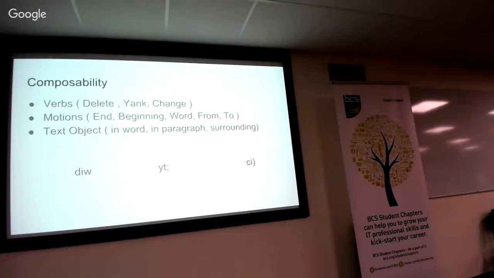Motions are things that allow us to jump around the document. So ends of words, beginning of words, that sort of thing. And text objects are objects in the text that you learn to pick up, and then you can use those to navigate as well. I'll give you a couple of examples. So diw allows us to delete in a word.